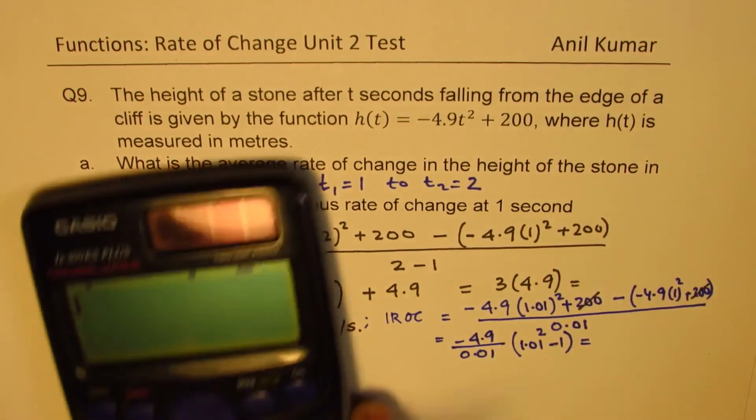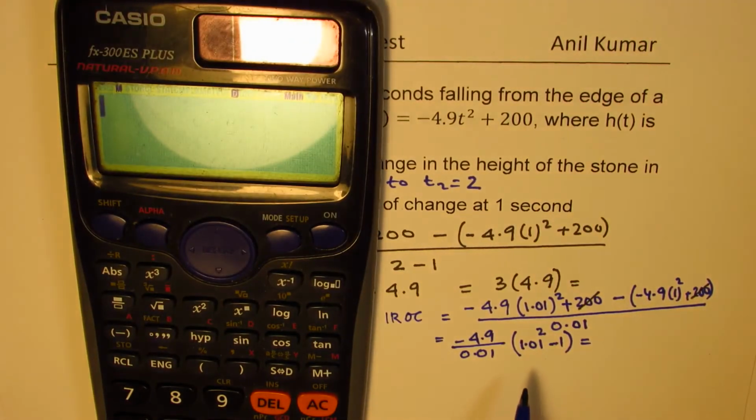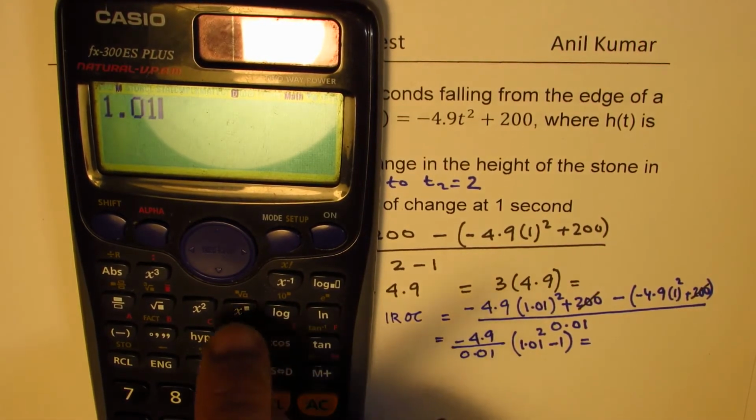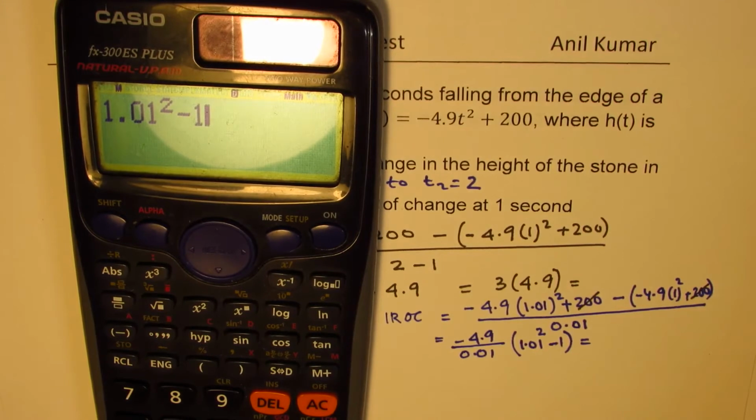So that gives us 1.01 whole squared minus 1 equals, we are going to multiply this by 4.9 and divide it by 0.01.